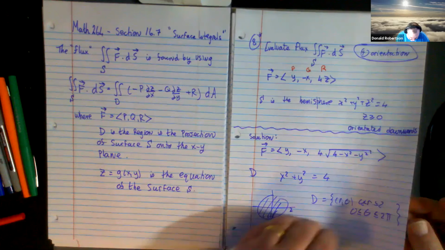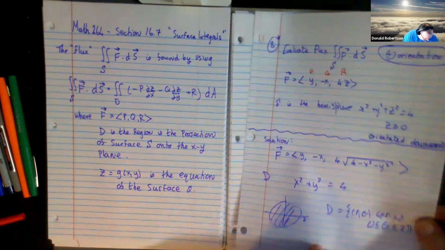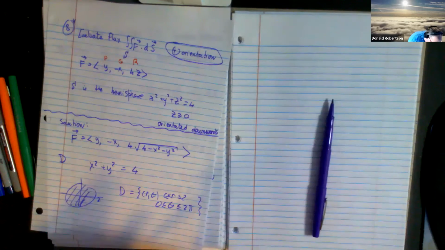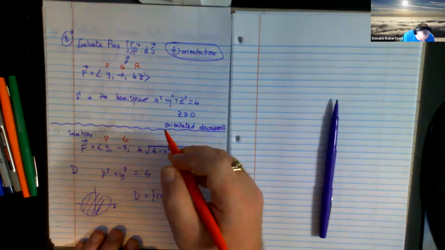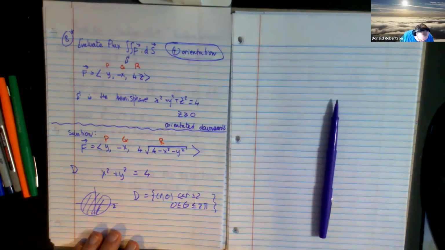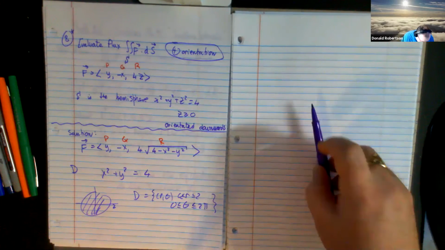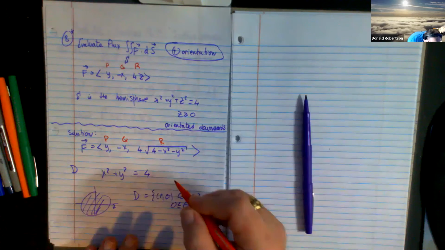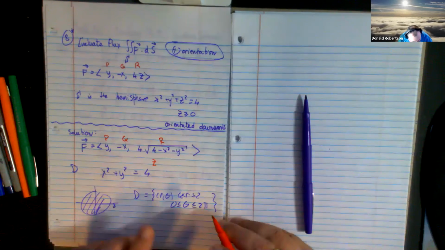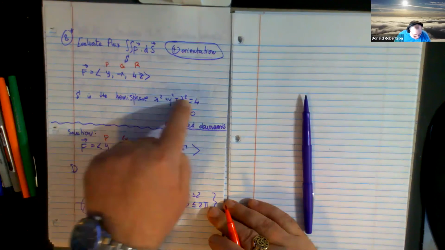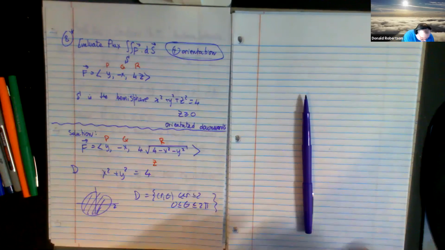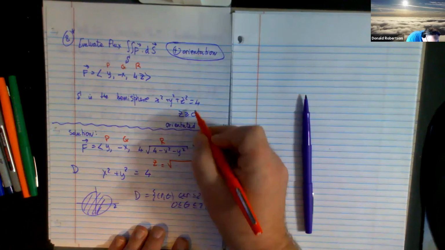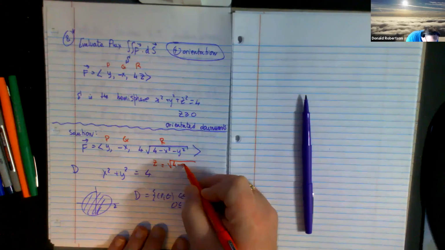So I believe I've got all the pieces. Here's P, here's Q, here's R. Don't quite have Z, so I better write it in right now. I think I'll do Z in red. This equation has to be rearranged so that it's Z equals a function of X and Y. And it's going to be the square root of 4 take away X squared, take away Y squared, right?